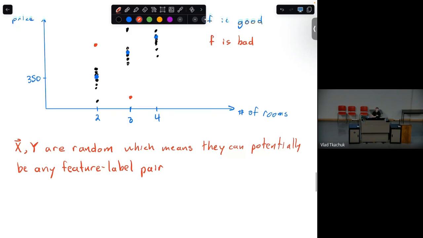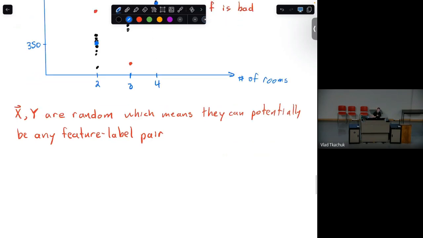And so the way we solve this is exactly what we've seen so far, but more precisely, the answer is we will care about f, this predictor we have, being good on average.